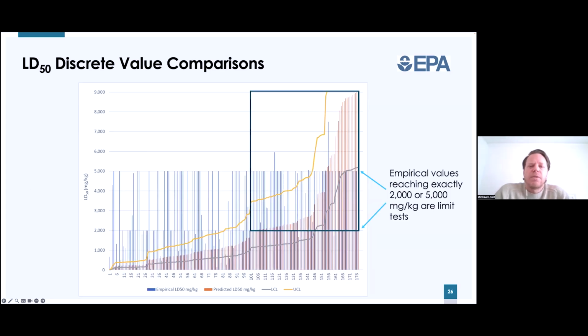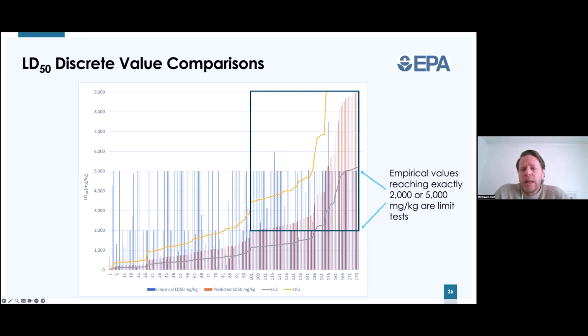This slide illustrates the result of that comparison. Each of the 177 chemicals is ordered on the x-axis from left to right in terms of decreasing CAPMOS predicted LD50 values. In other words, the most toxic CAPMOS predictions are on the left and the least are on the right. This is shown by the orange bars.